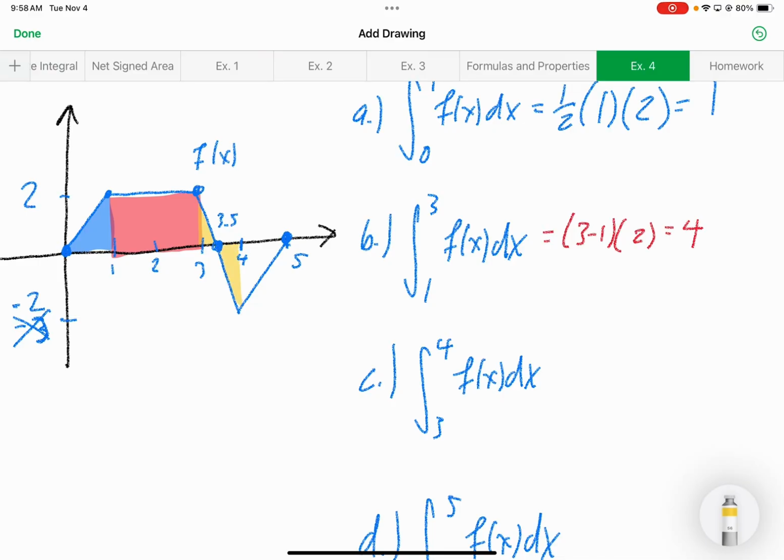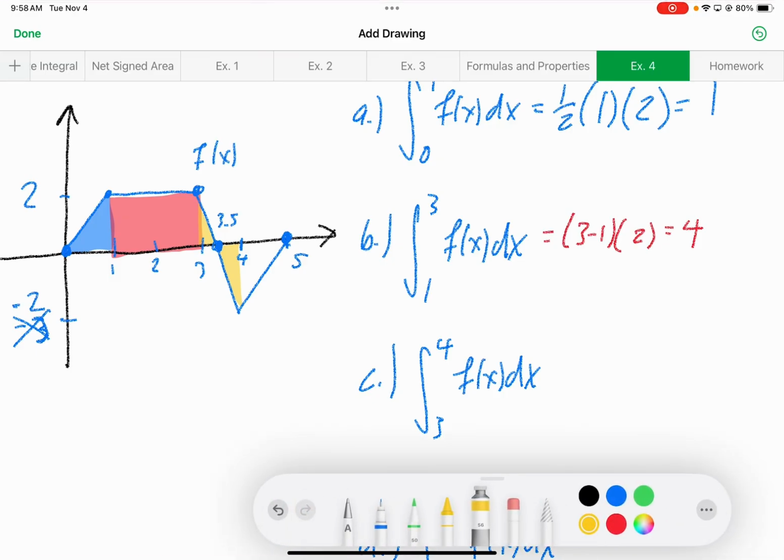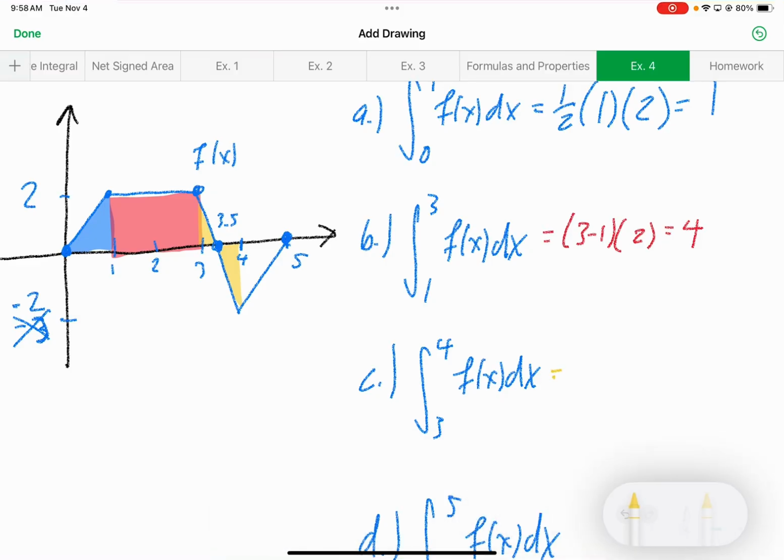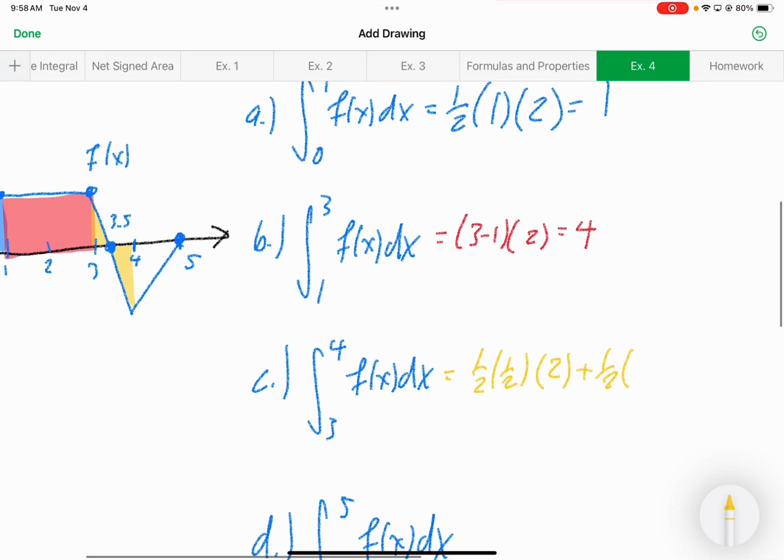What should happen there? It should cancel out, and it should be 0, right? So I can show that, and it would look like this. So 1/2 times my base of 1/2 times my height of 2 plus 1/2 times my base of 1/2 times my height of -2. But that is just going to equal 0.